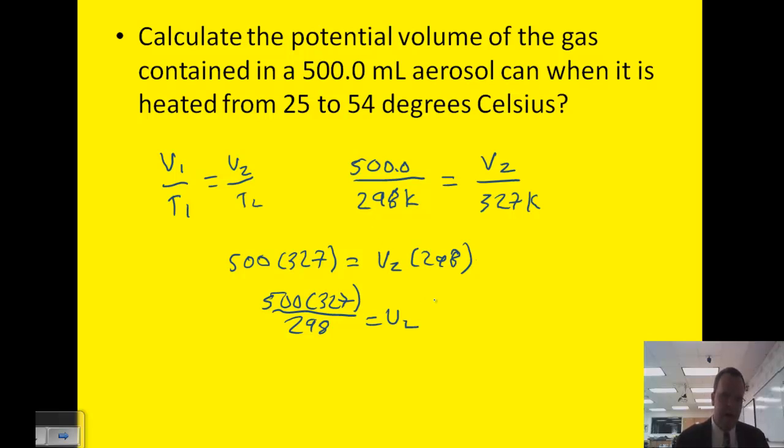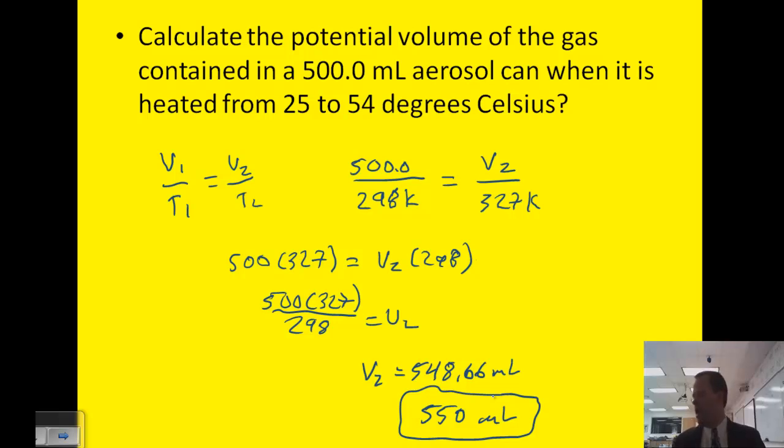You get 548.66 milliliters. Significant figures here. We got three significant figures in the temperature, two significant figures in the temperatures. So I'll keep it at two significant figures in my answer. 550 milliliters. Now, assuming the pressure were held constant, you see it would need to take up a space of 550 milliliters.